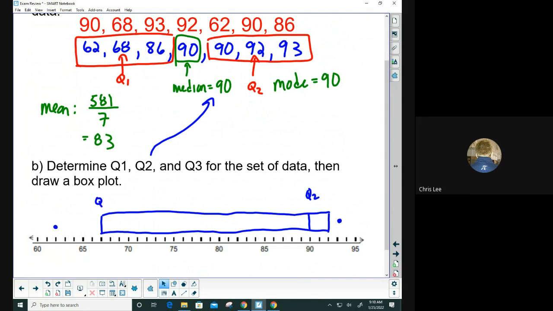And here is your Q3. Am I missing anything on my plot? The whiskers. Yes, the whiskers. And those are the straight lines that come out from the box to the lowest number and the highest number.